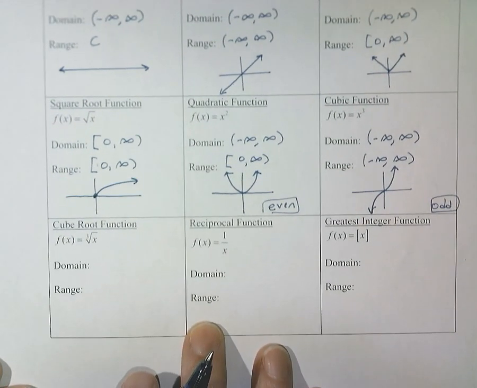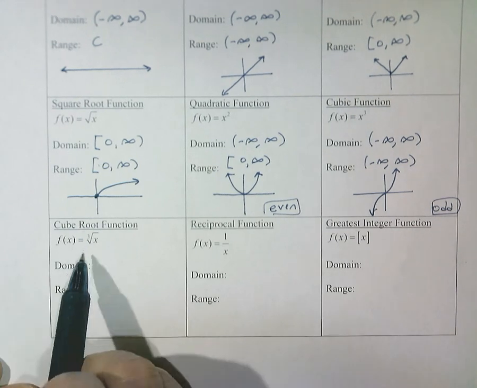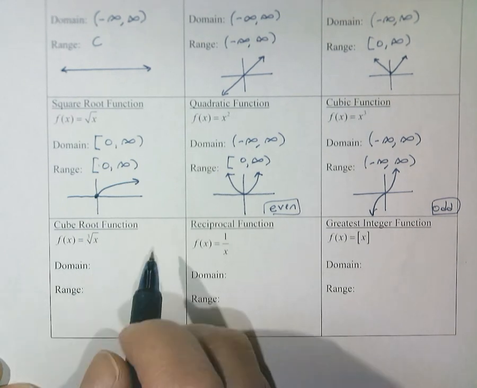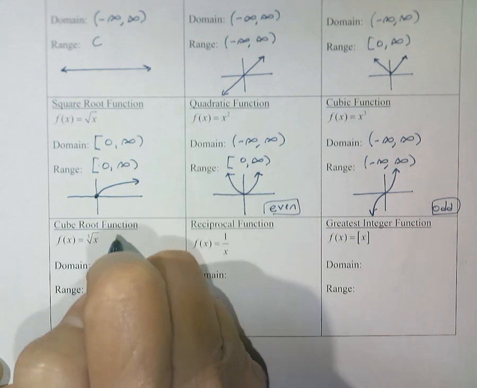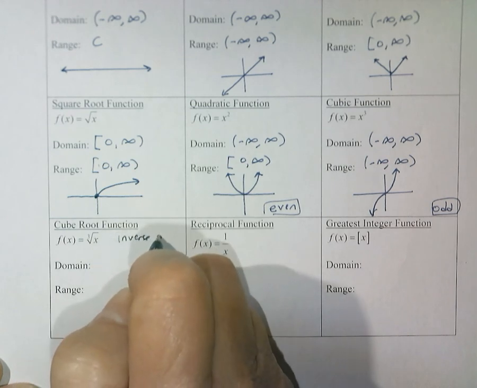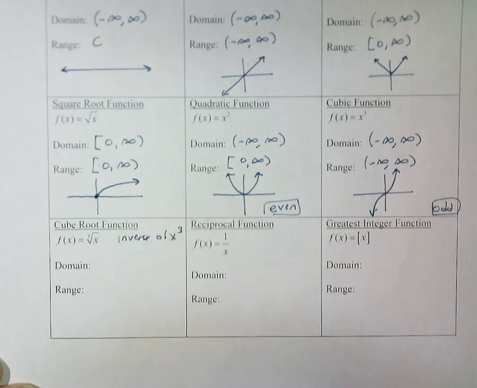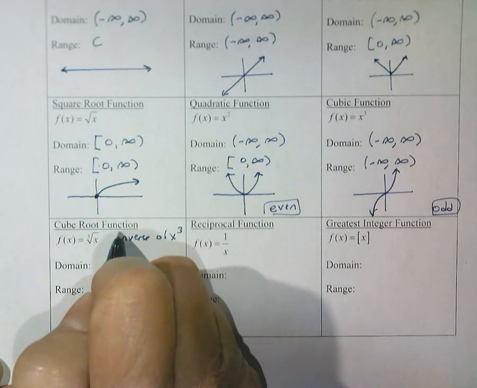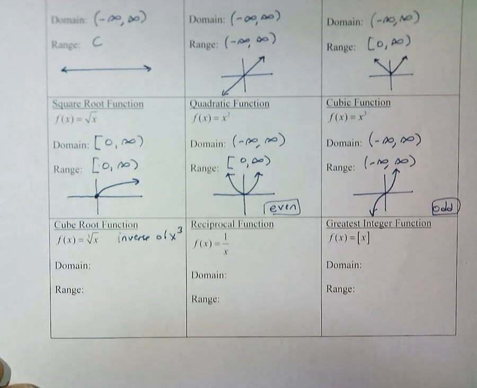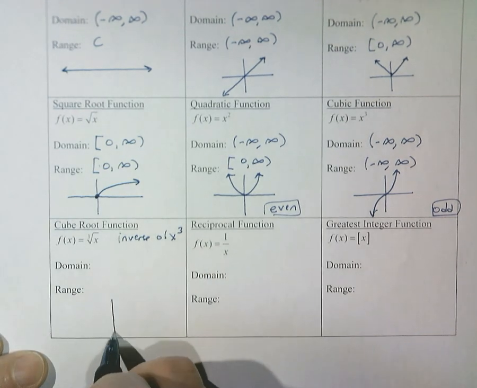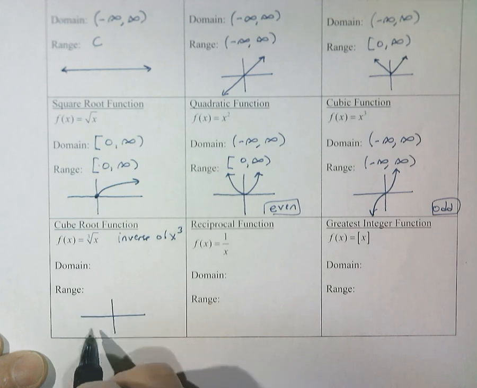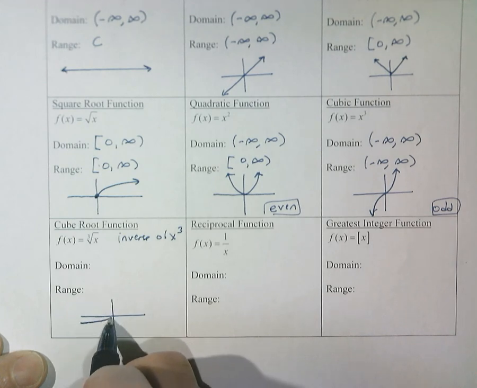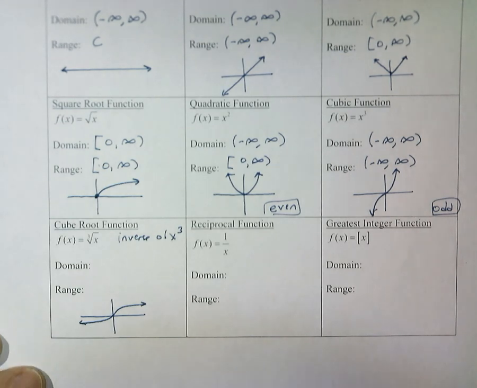The cube root function. The cube root is the inverse of the cubic. And we'll talk about other inverse functions later on. So to graph this one, it looks similar, but it's kind of like a horizontal version of it.